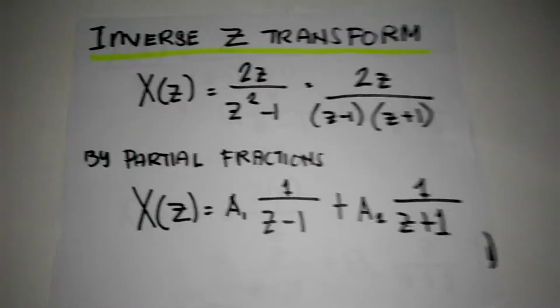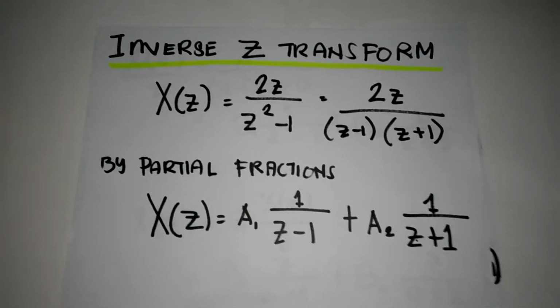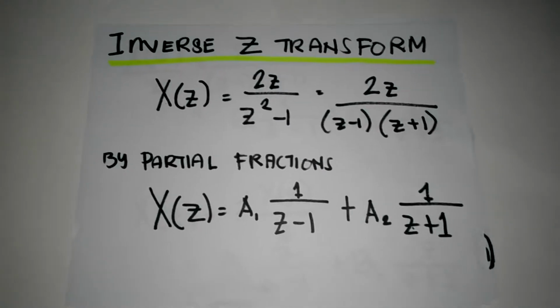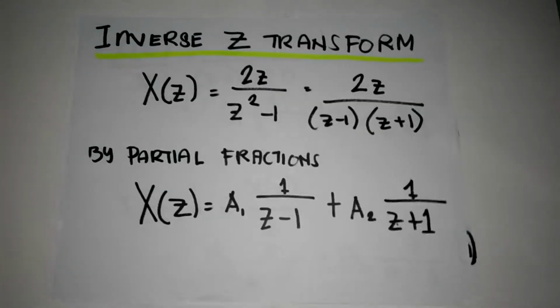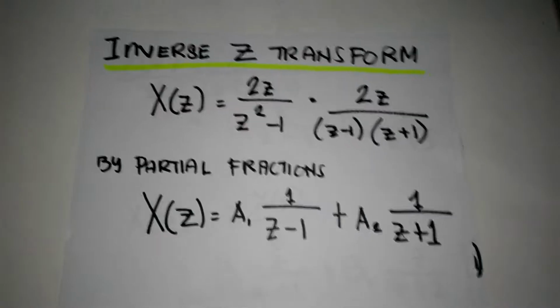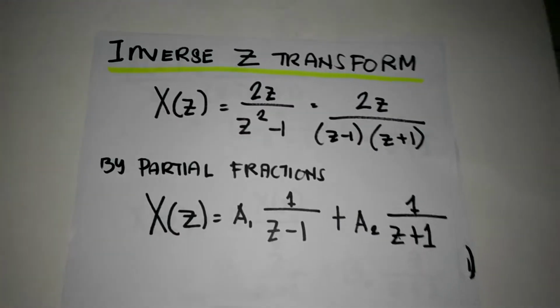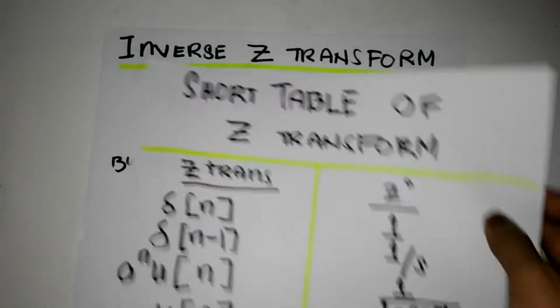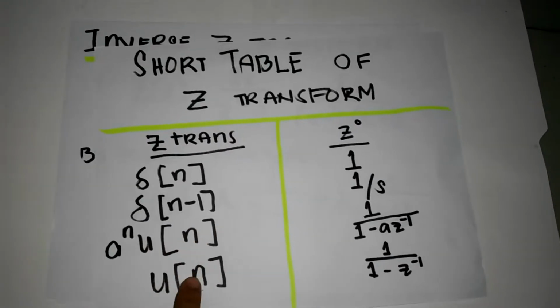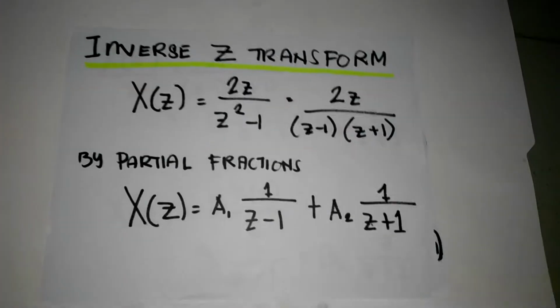So in the Z transform, it is from continuous time domain to discrete time. So, actually, it's like from n to z, to samples.